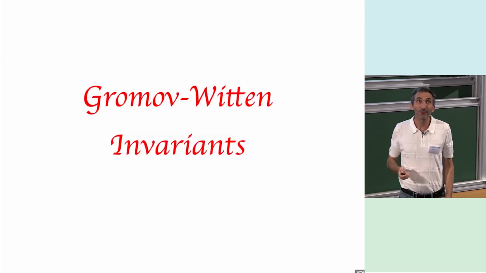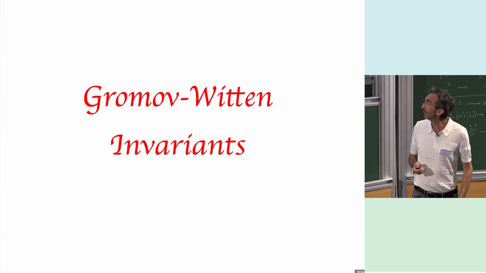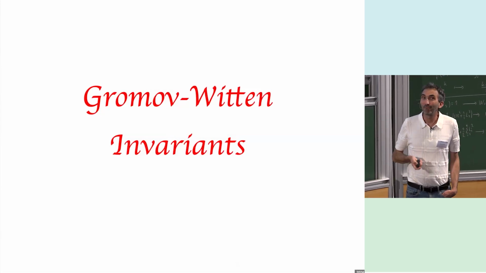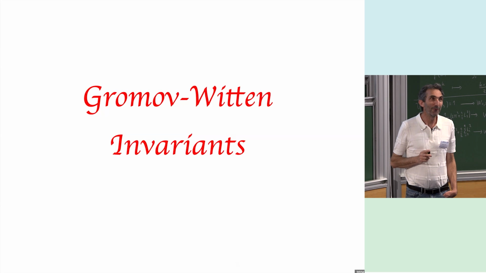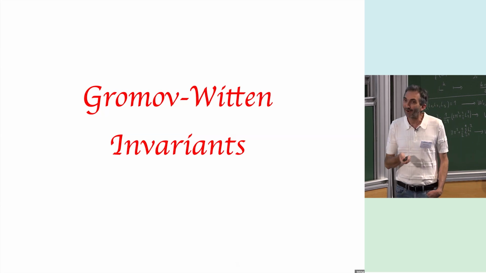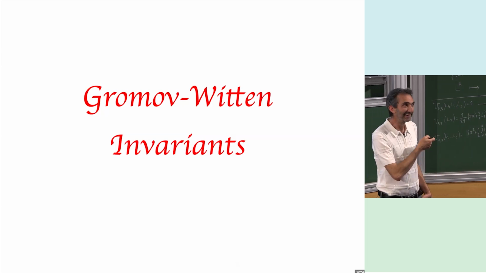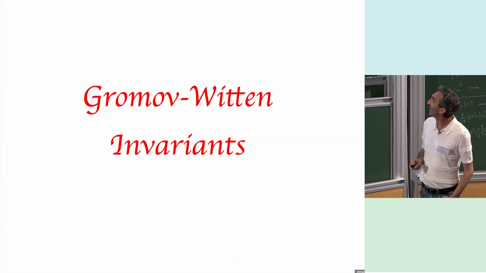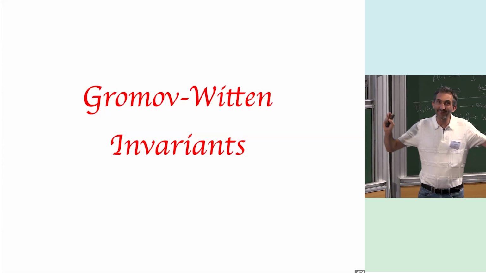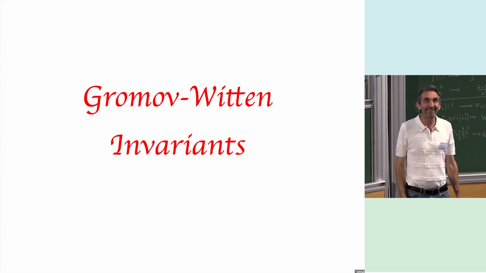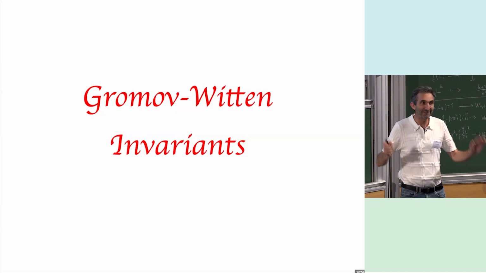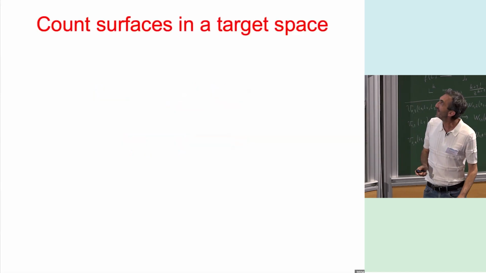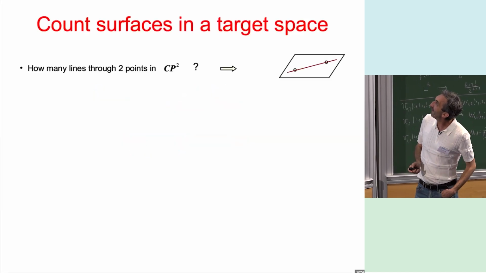I want to show you one more example, which is Gromov-Witten invariants. I'm not expecting everyone to know what Gromov-Witten invariants are, even if we are at IHES and Gromov is at IHES. But I will give an idea of what Gromov-Witten invariants are in a nutshell. I will start from a very basic example.